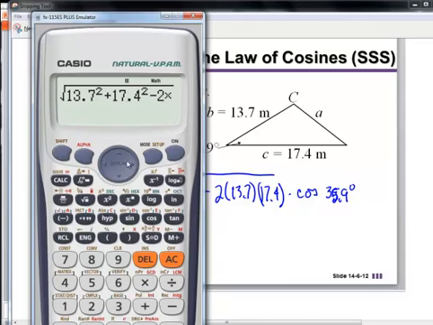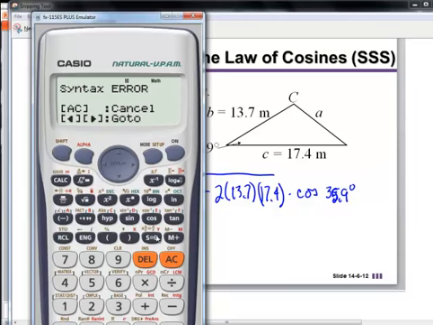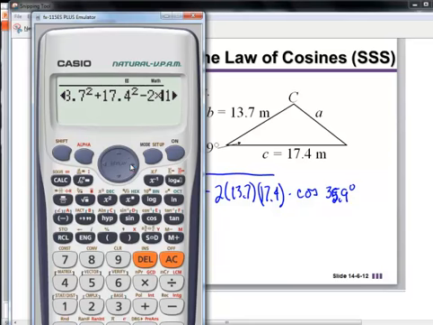Two times 13.7 times 17.4 times cosine 35.9 is, go to error.